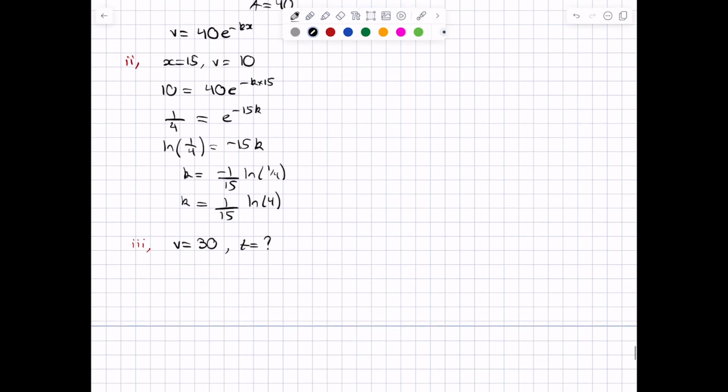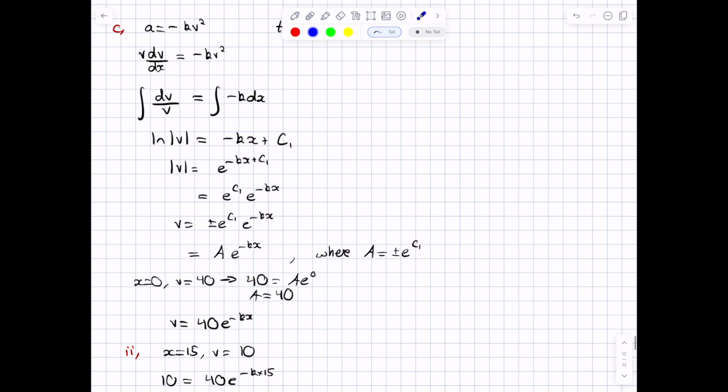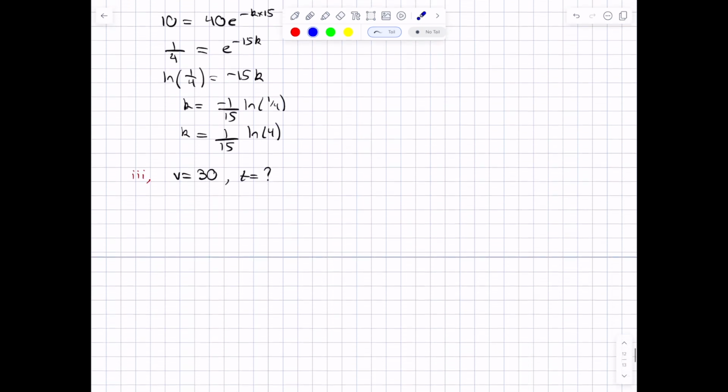Now going back to our original equation for acceleration equals minus kv squared, if I had replaced the acceleration with dv on dt, then I'd be able to integrate to get v in terms of t, or t in terms of v, something linking the velocity with the time. So that's what I'm going to do.